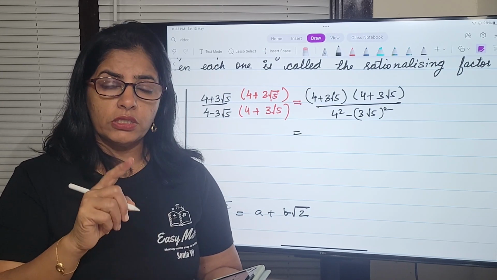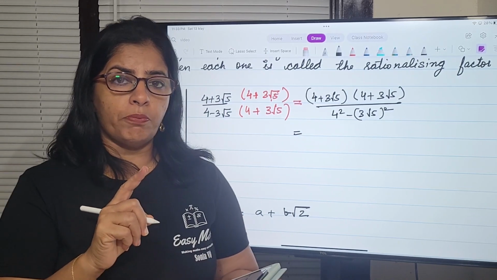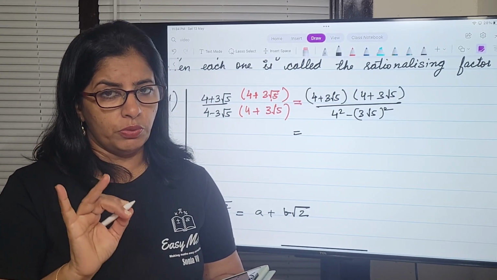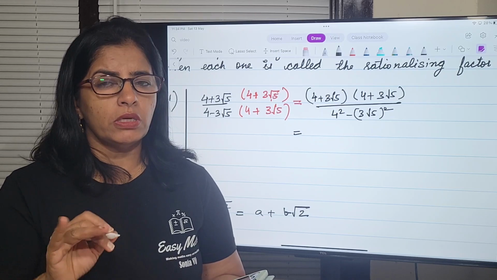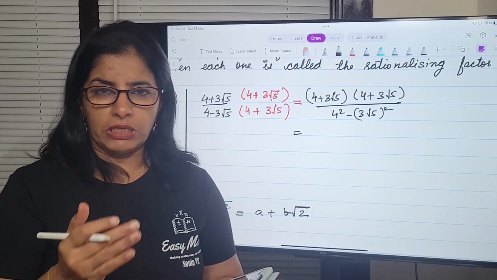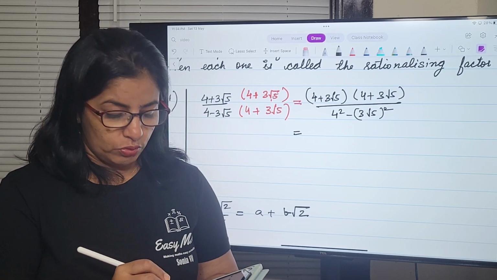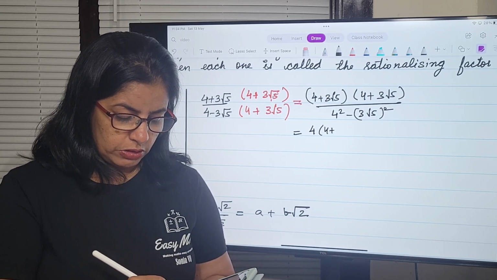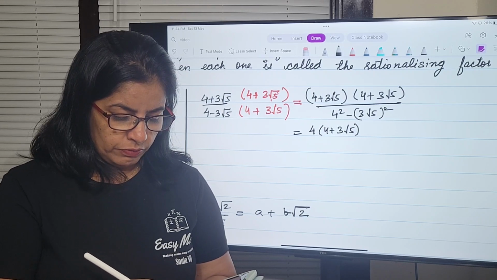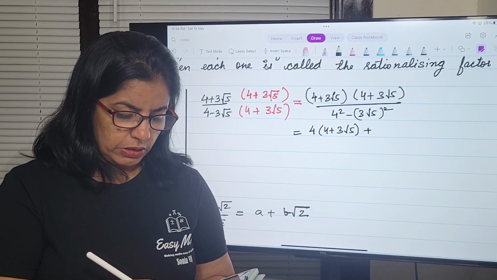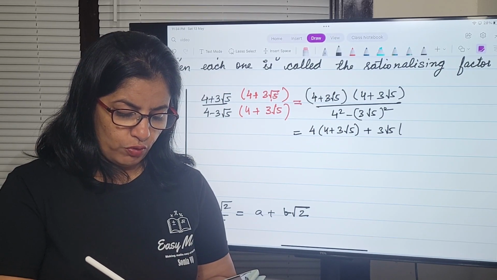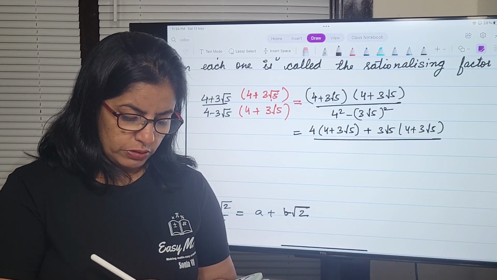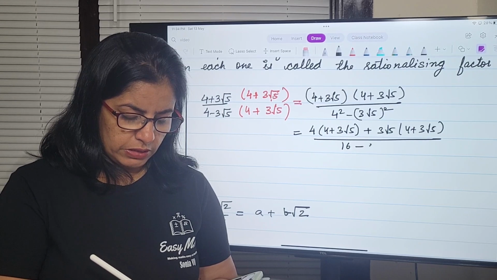The numerator you are going to open with the help of the distributive property. Be very careful while you are doing the questions for the first few times. Later on you can skip a few steps, but initially please don't do that. So this will be 4 into 4 plus 3 root 5 plus 3 root 5 into 4 plus 3 root 5, upon 16 minus 9 into 5.